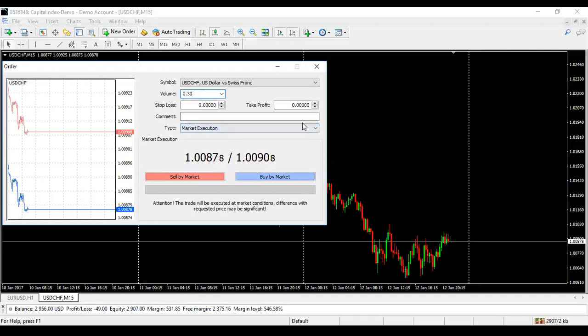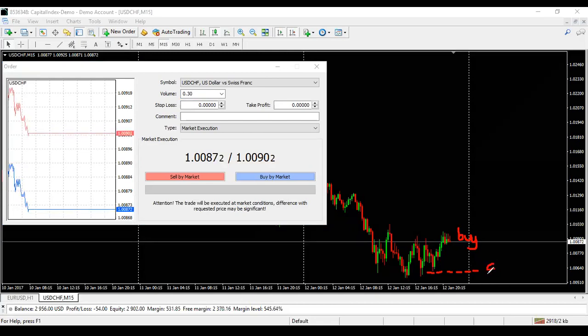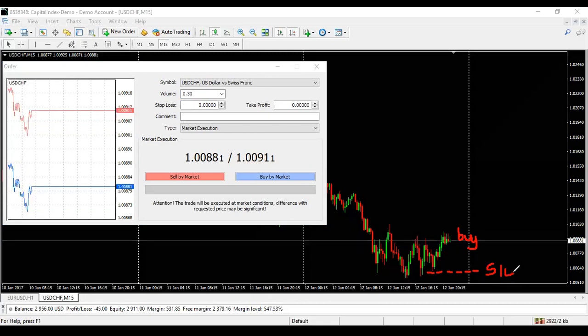Okay, so let me just quickly annotate this. So basically, if I am buying here, okay, there's my buy, my stop loss, and I wanted my stop loss to be somewhere down here. I need to know how many pips it is between where I want to buy and my stop loss, right?